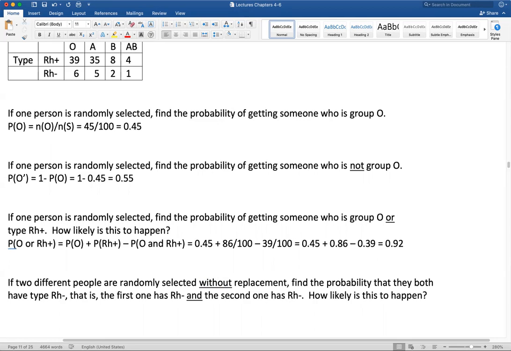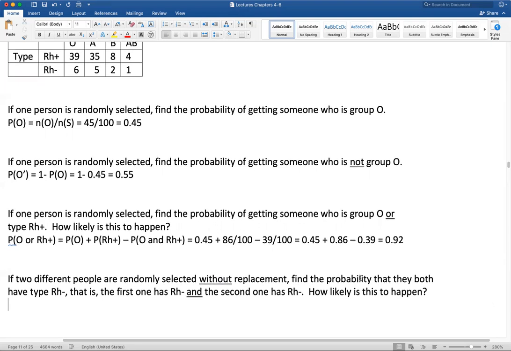We don't have to use the formula. Yeah, you can use the formula of conditional probability, but the easiest way is to figure out the probability for each event. What I mean is, in the first trial we choose a person whose blood type is Rh minus.